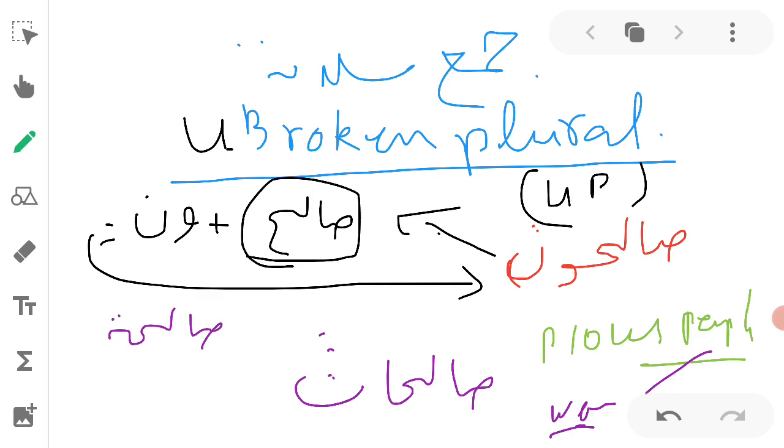So basically you added alif and ta, so the singular is from the same word, and also the only thing differentiating between them is not ta tanis, the feminine ta, or ya of nisba. So it is a simple plural. Now we have to determine whether it's broken or unbroken. So it is unbroken because saliha is the singular here, and in order to make the plural we just added alif and ta.